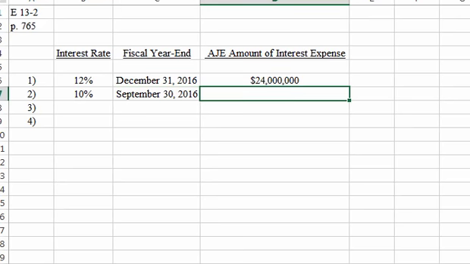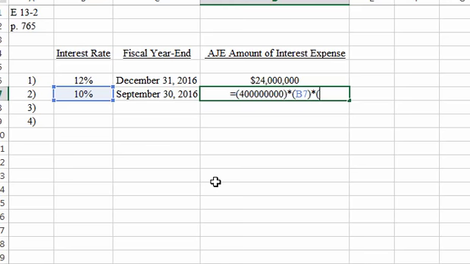So here we'll calculate interest again on the $400 million, times our 10% rate, times how many months have passed here? Well, we have July, August, and September.